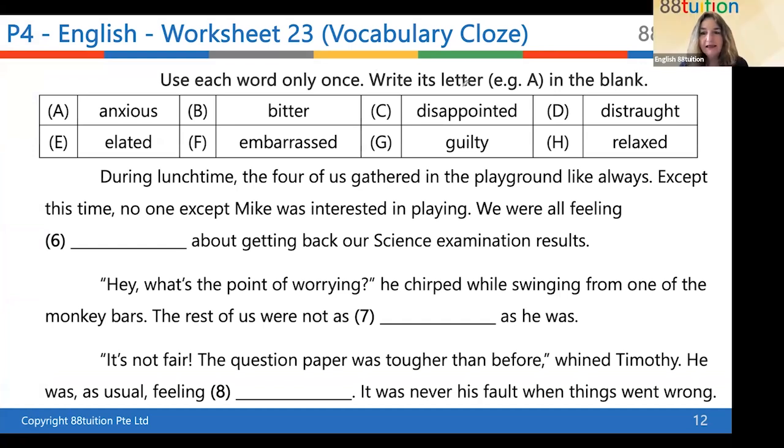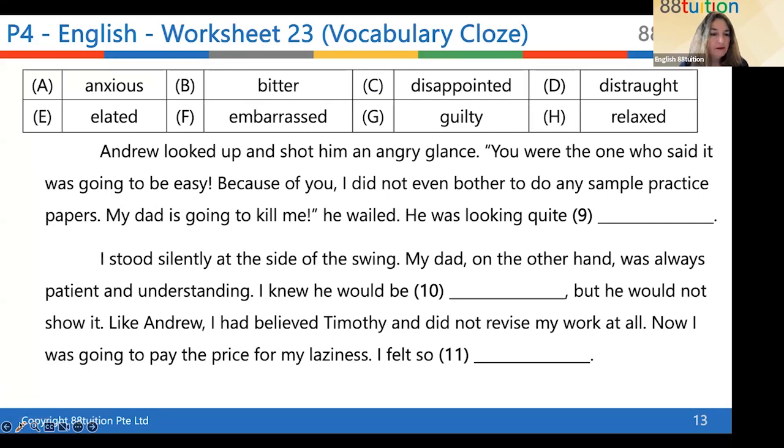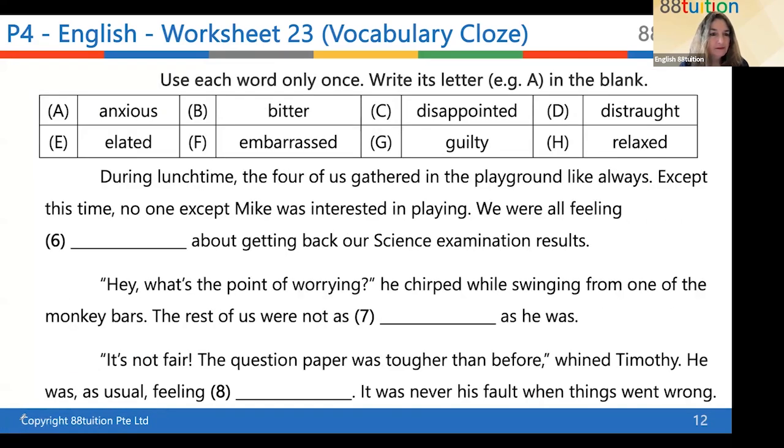And number 7 will be Lavanya. Lavanya? Number 7? What's number 7? Can you unmute?